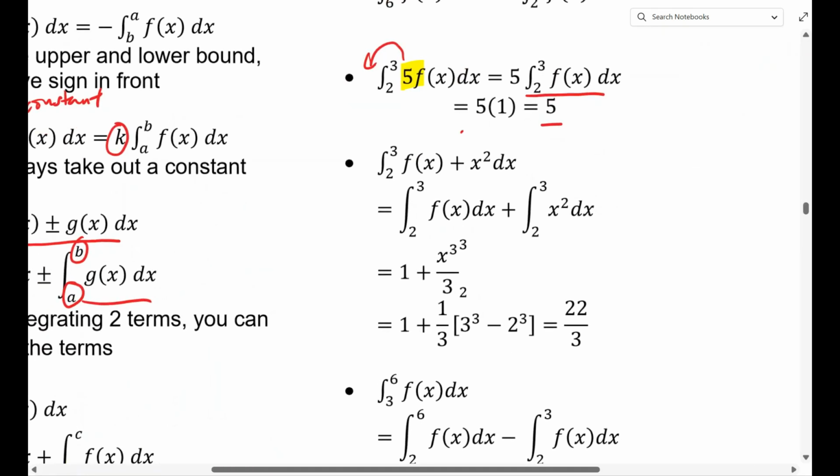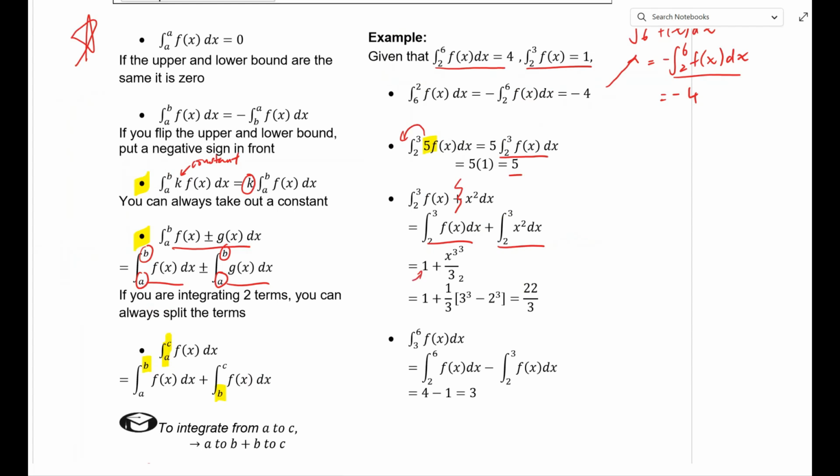So we can split into two different integrals following the same bounds, the same upper bound of 3 and lower bound of 2. This we will know to be equal to 1 from our question, and on the right side, we can do our usual integration and sub in our upper bound minus our lower bound. Then we get a final answer of 22/3.